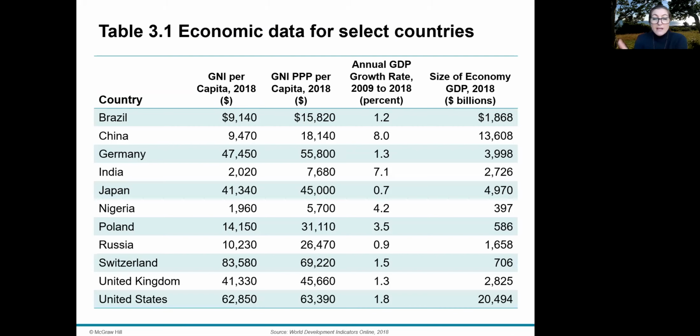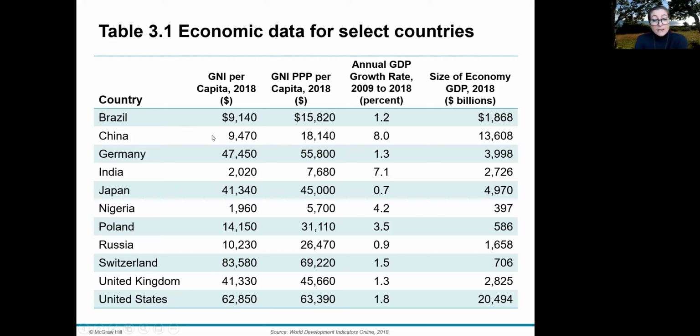Okay, so here's a table confirming some of what we just said. The GNI for the United States and Switzerland and Japan is high. But for India and China, the GNI measure is low.